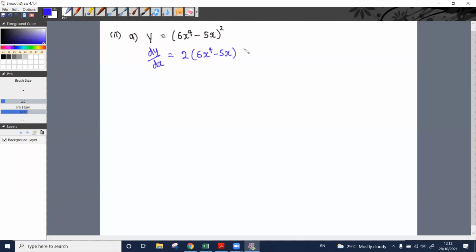We need to multiply this by the differentiation of the terms inside. So we need to differentiate these two terms. 6x to the power 4 differentiated gives 24x to the power 3, minus 5x differentiated gives minus 5. So this should be your answer for part A.